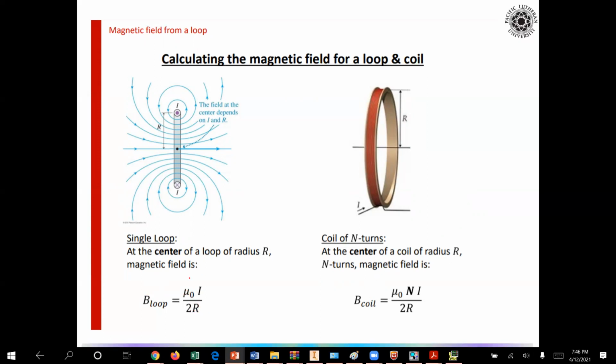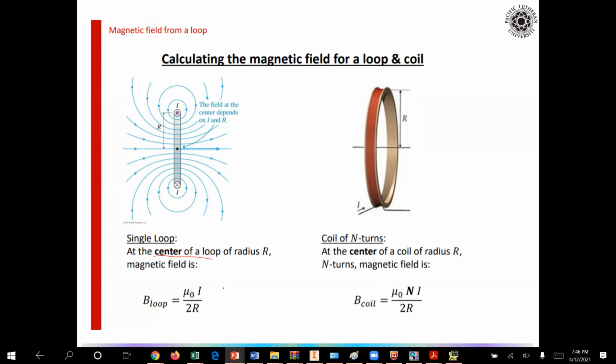This formula works to find the magnetic field at the center of the loop. If I have multiple loops, the formula would be more complicated, but here we're going to write it in a simple way, so you don't have to deal with that complexity.